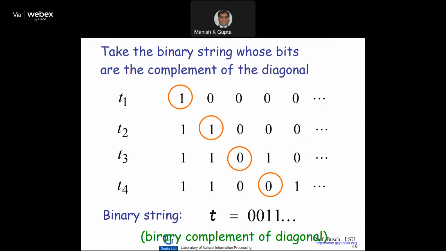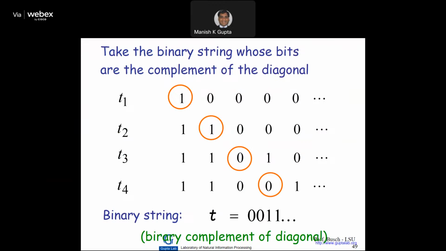Okay, what do you not understand here? So you understood that we are listing the Ti's, elements of the power set. Now I'm producing a string T where the first element is the complement of the first element of T1. The second element is the complement of the second element of T2. The third element is the complement of the third element of T3.